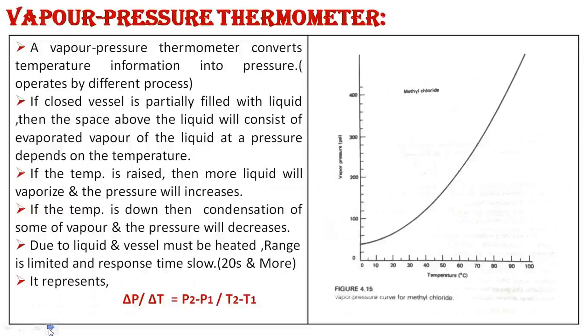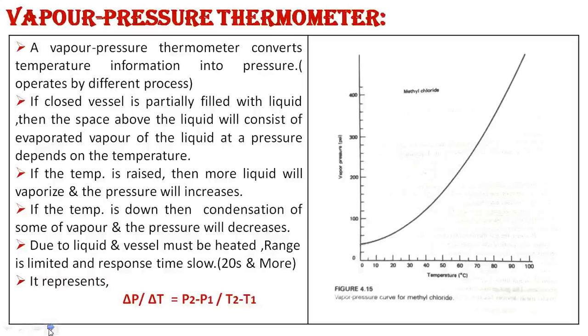Now the next concept is the vapor pressure thermometer. It gives the relation between temperature and vapor pressure, and it gives the characteristics. The vapor pressure thermometer converts temperature information into pressure, but operates by a different process. If a closed vessel is partially filled with a liquid, then the space above the liquid will consist of evaporated vapor of the liquid at a pressure that depends on the temperature.